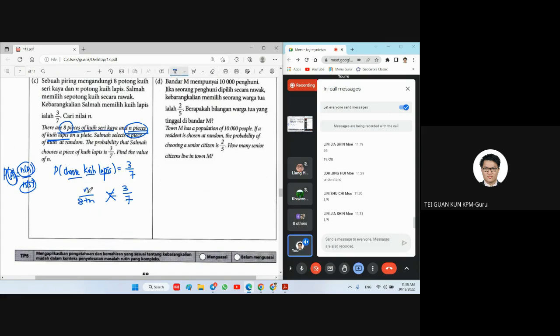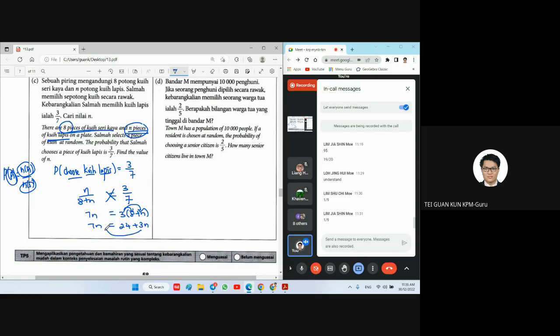Okay, so n, then cross multiply. So you have 7n equal to 3 times 8 plus n. You have to multiply correctly. So 7n is equal to, this one you have to expand, 24 plus 3n.